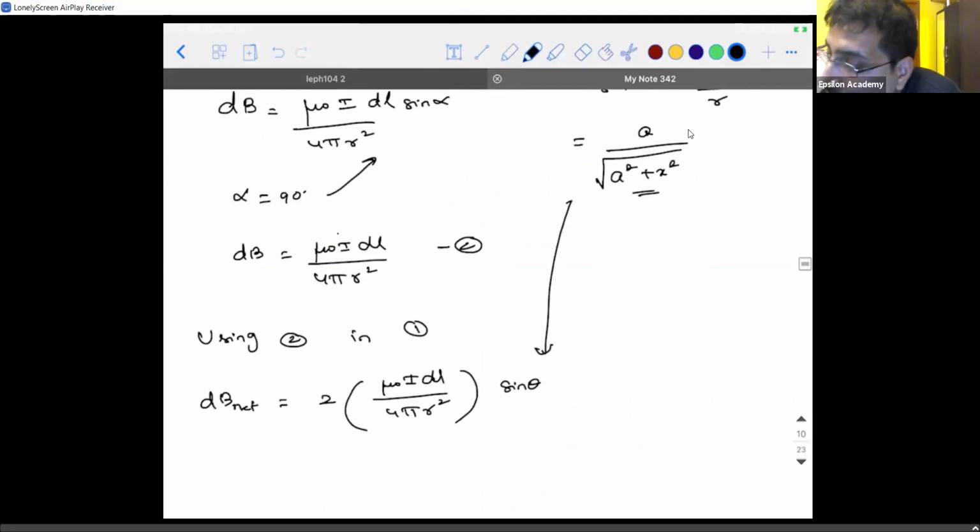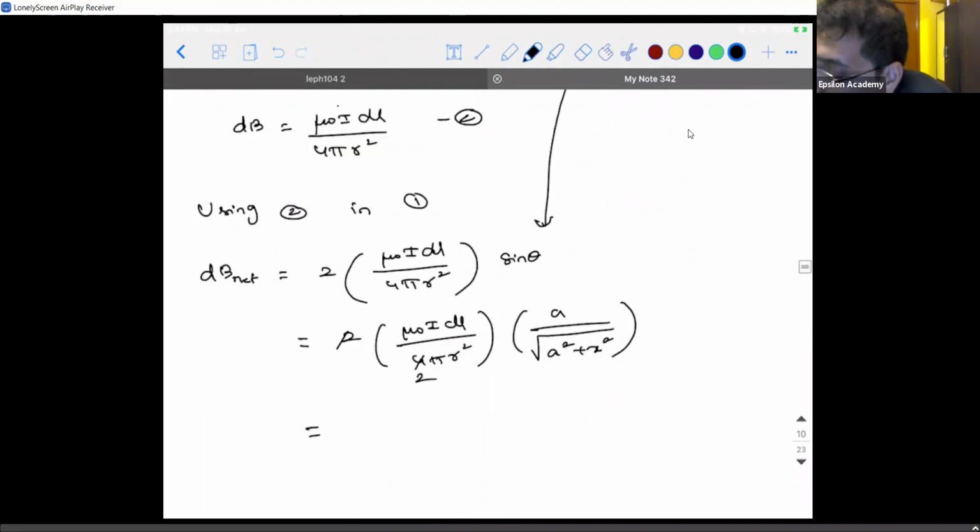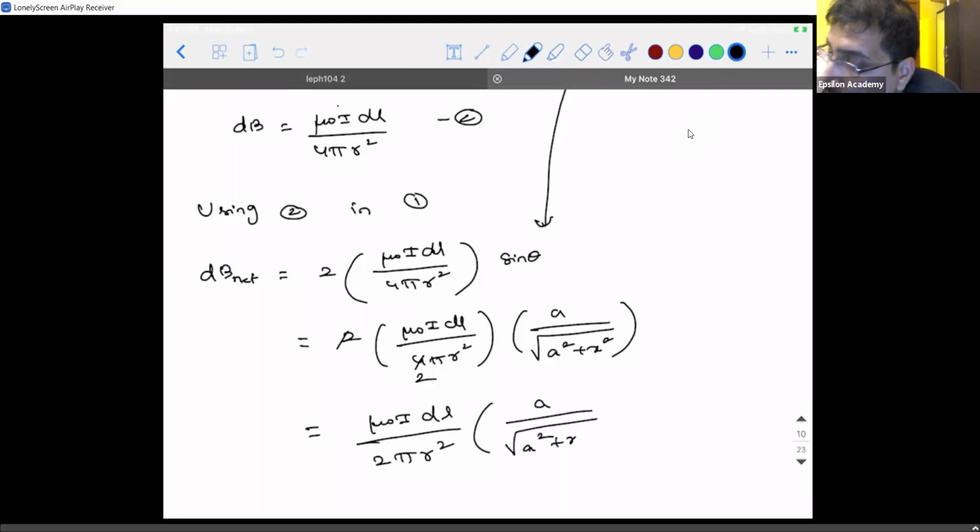So what will happen? 2 times mu naught IDL divided by 4 pi r square into sin theta, which is A divided by root of A square plus X square. So this and this will get cancelled. So mu naught IDL divided by 2 pi r square into A divided by root of A square plus X square is the net value of dB, guys.